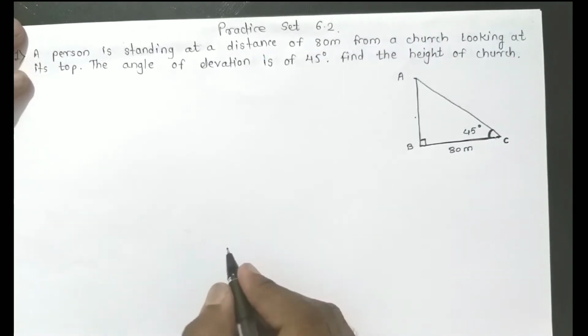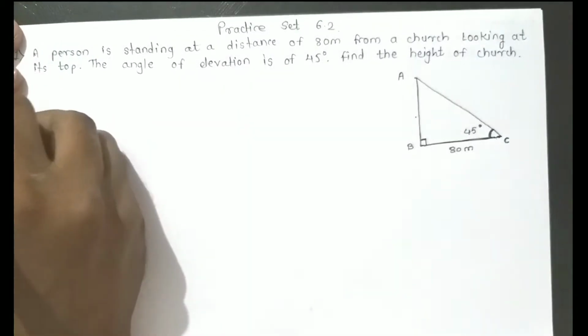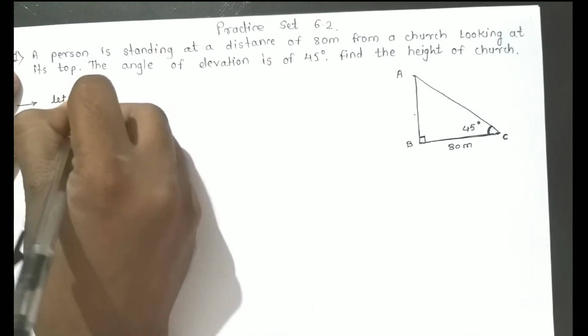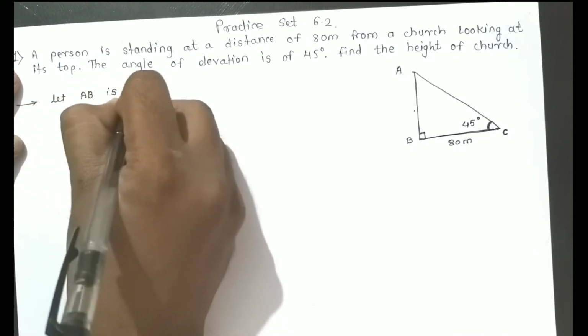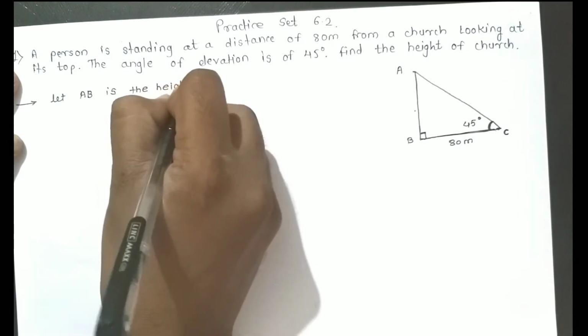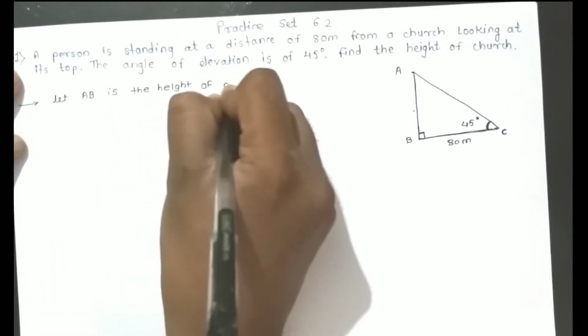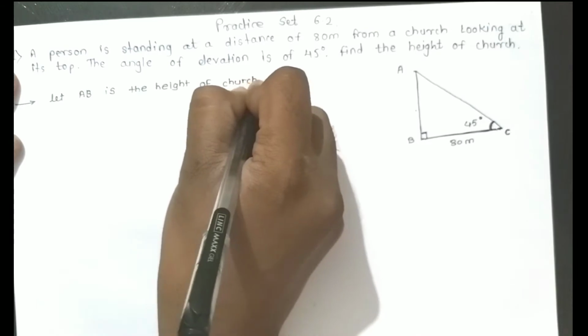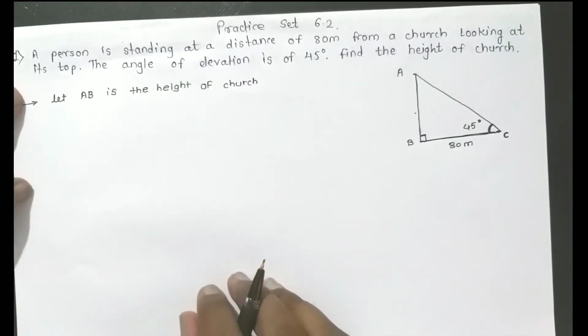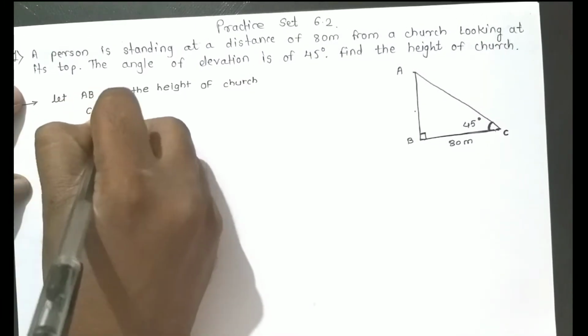First of all we write the information. Let AB be the height of the church. C is the position of the person.